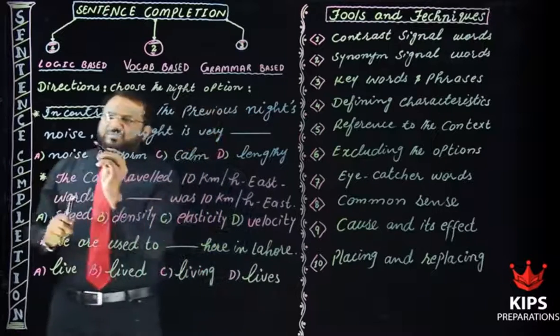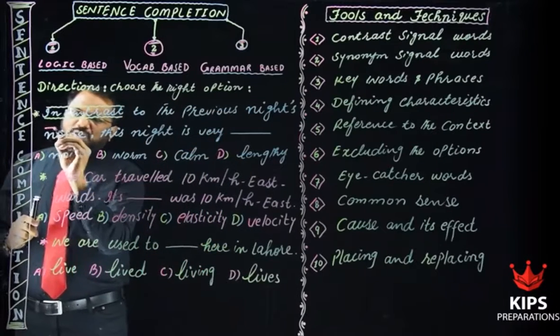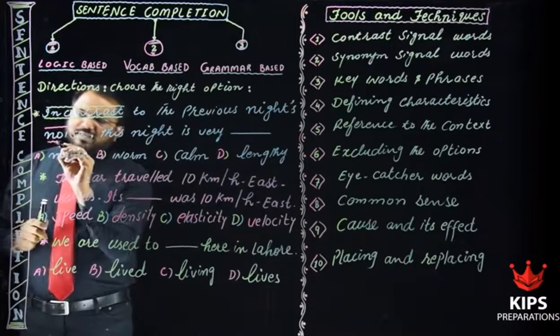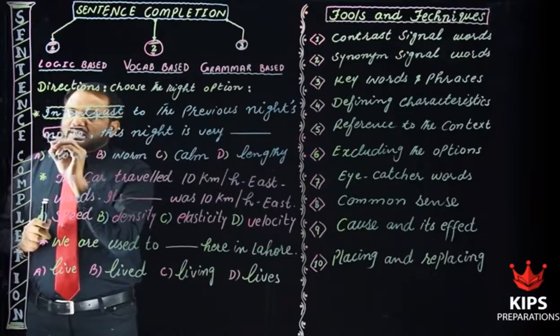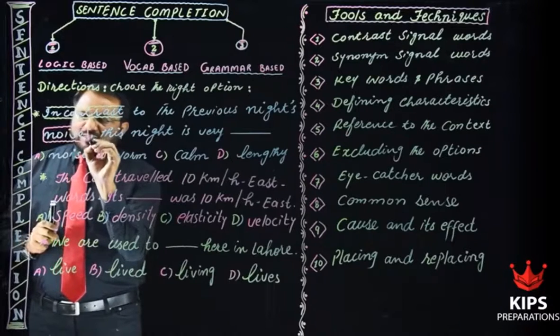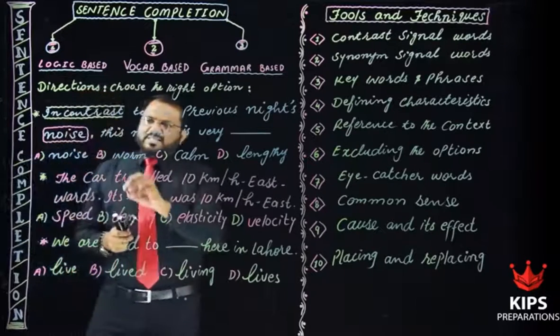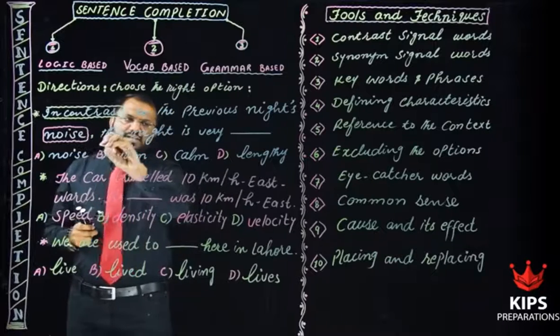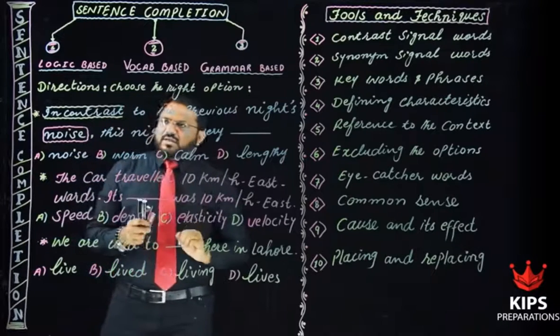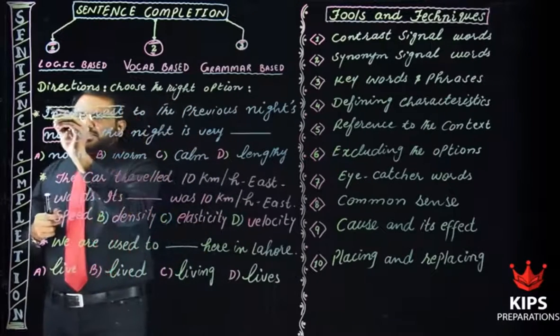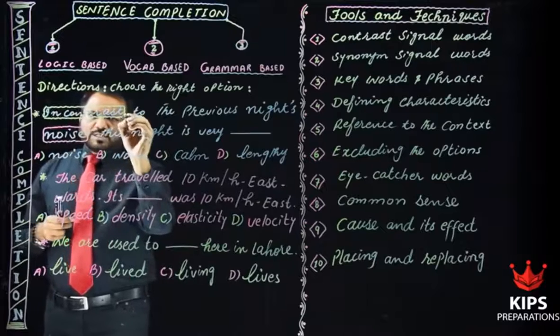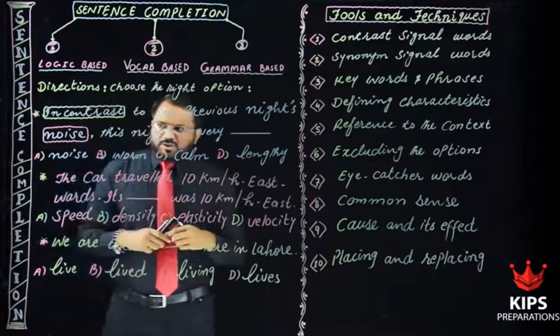One word is given, for example, noise. That is our clue. Now, this is our, let me say, litmus test. On the basis of noise, we will reach our answer.